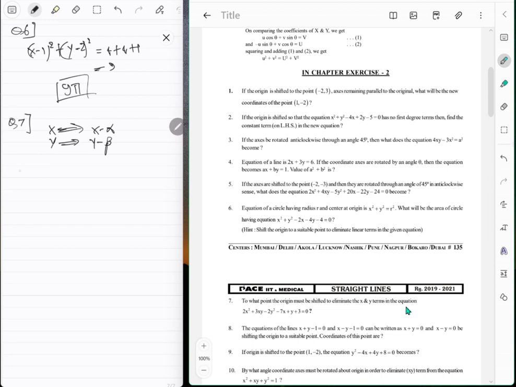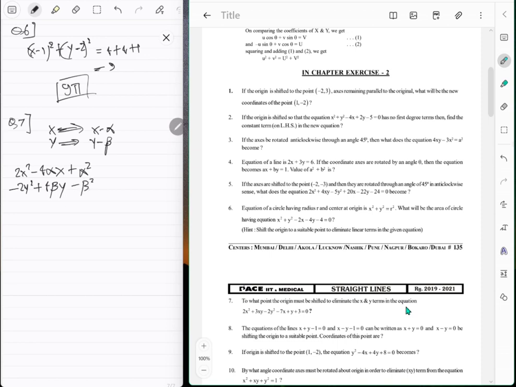So 2 times x squared, that's going to be 2x squared minus 4 alpha x plus alpha squared, and then minus 2y squared, so minus 2y squared plus 4 beta y minus beta squared.